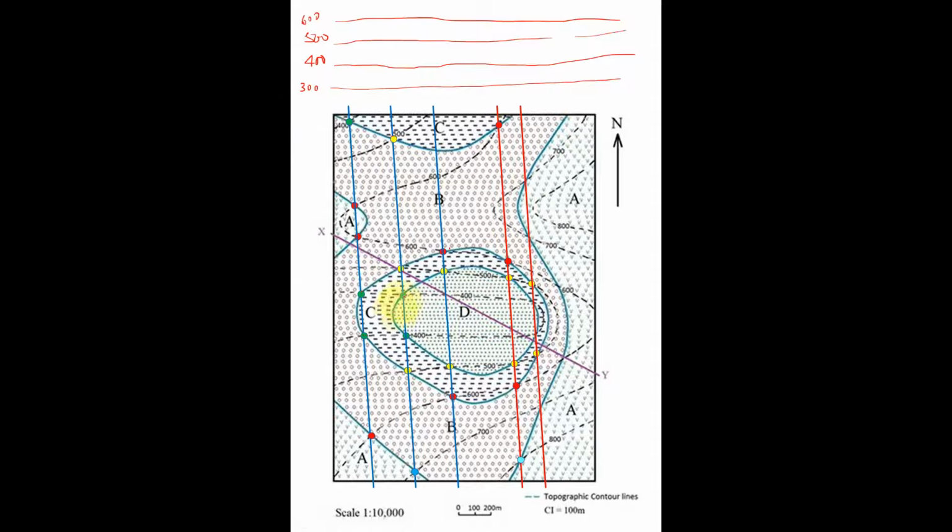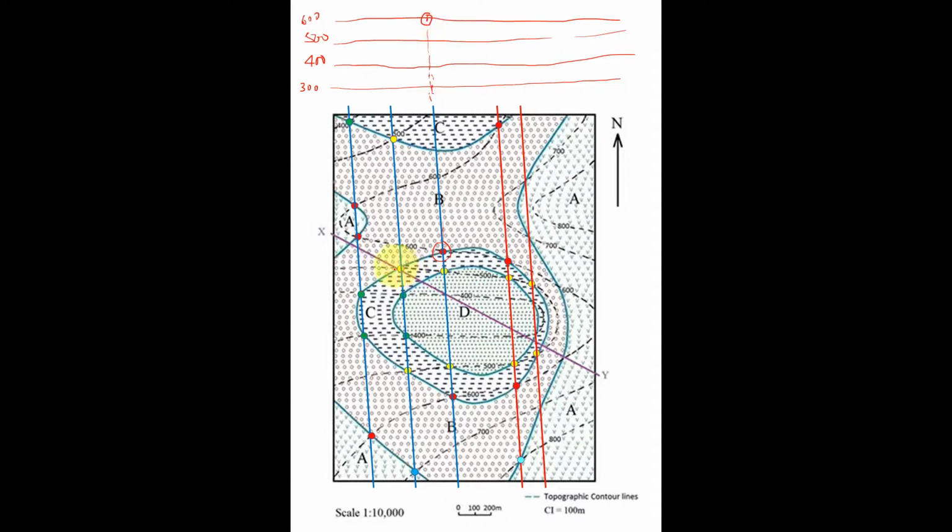Okay, now you take any one of the bedding junctions and you plot that bedding junction. So for example, I am taking this bedding junction BC, and I can see that for this bedding junction BC, this is the strike line which is having a 600 height. So along that strike line, I plot this point 600.